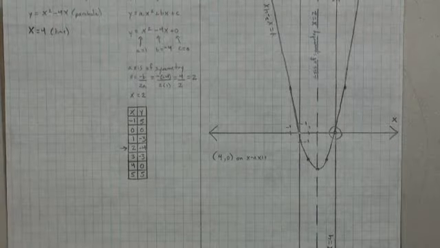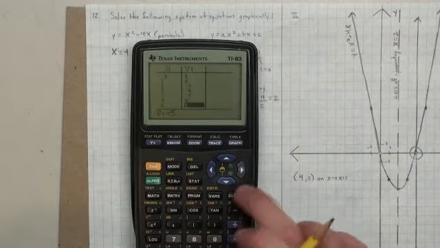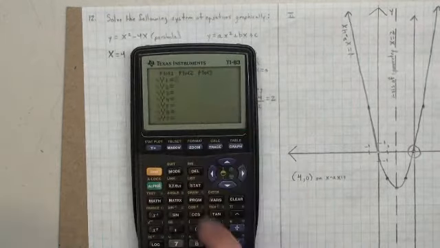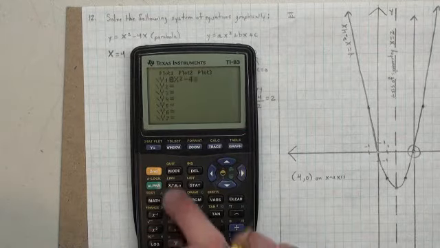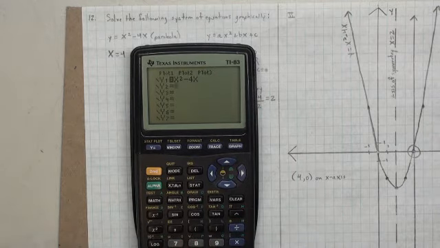Okay. That's it. Let's check it with our calculator, and then let's do our check by hand. So, x squared minus 4x. And the line x equals 4, we can't graph that one.